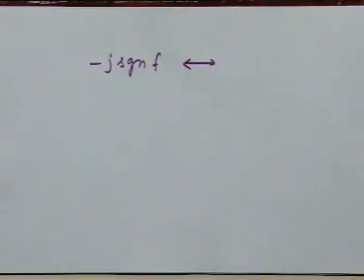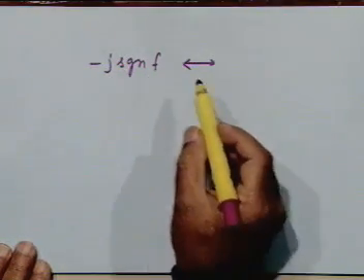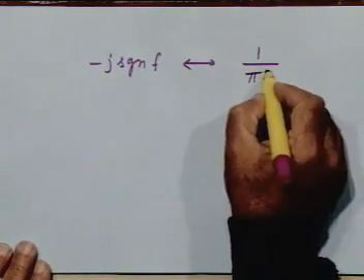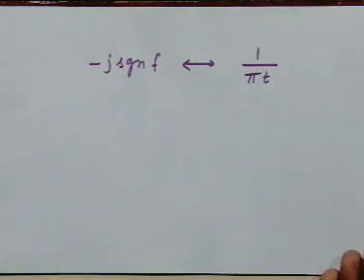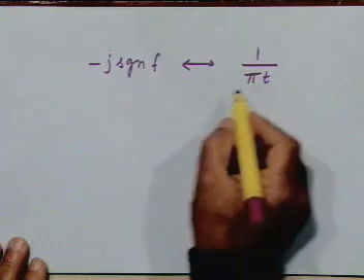The impulse response is nothing but the inverse Fourier transform of the system function or transfer function. The transfer function here is minus j signum f. The inverse Fourier transform of signum f is j by pi t, so this simply becomes 1 by pi t because minus j squared is equal to 1. So the inverse Fourier transform of minus j signum f is 1 by pi t.